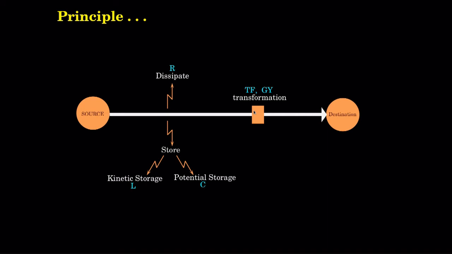There are transformations across domains, GY, gyrator. Most of the transformation across domains happens with the gyrator. Transformation within the same domain happens most of the time with TF, transformer. We will call it a transformer. Transformer here is a generic transformer. I will explain what a generic transformer is. The electrical transformer is a special case of the generic transformer.